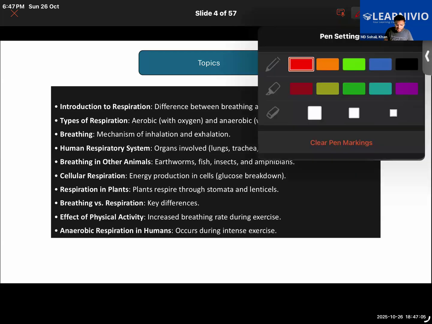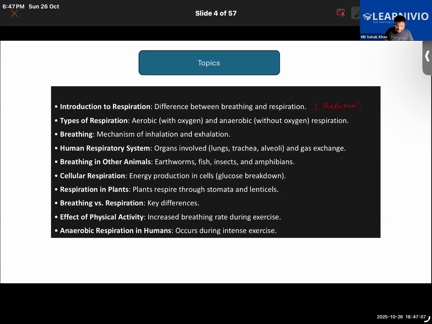Normally, tell me, how much oxygen is found in the atmosphere? What is the level of oxygen? Sir, it is 21%. 21% exactly, right?